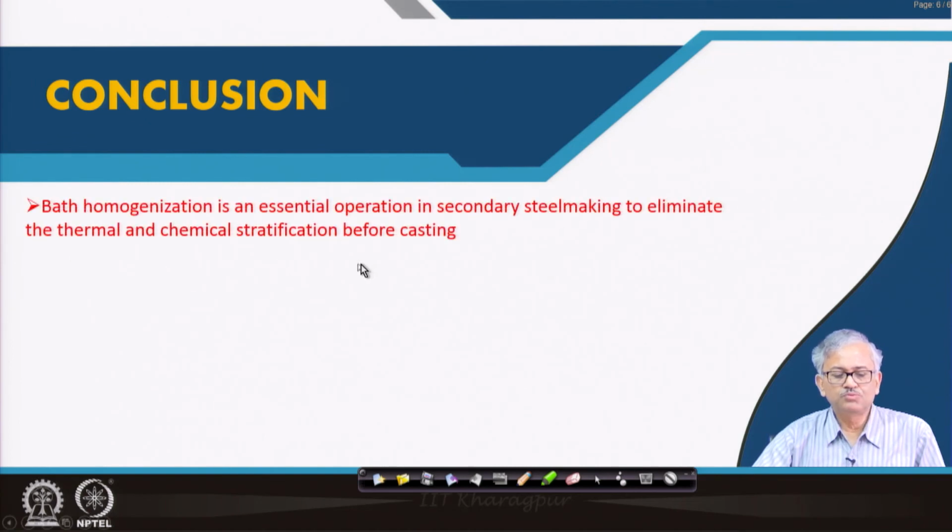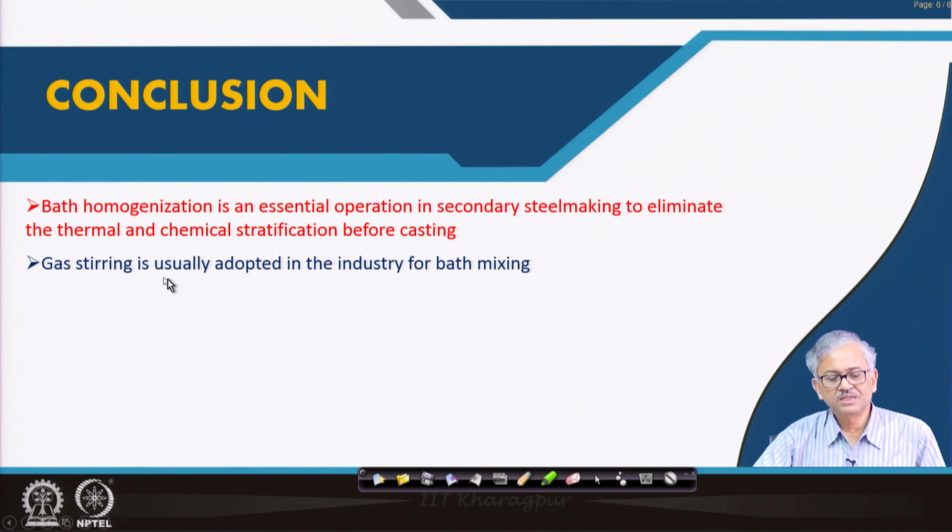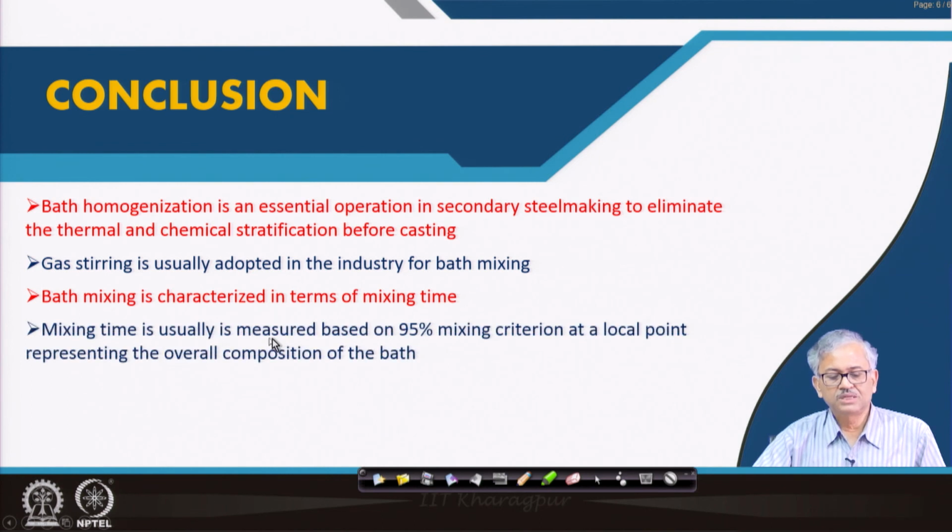So what are the conclusions? Bath homogenization is an essential operation in secondary steelmaking to eliminate thermal and chemical stratification before casting. Gas stirring is usually adopted in the industry for bath mixing, and it is what is used mostly. Bath mixing is characterized by the mixing time. Mixing time is usually measured based on a 95% criterion at a local point representing the overall composition of the bath.